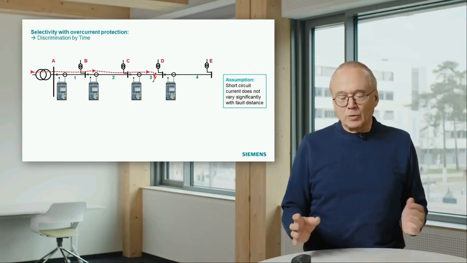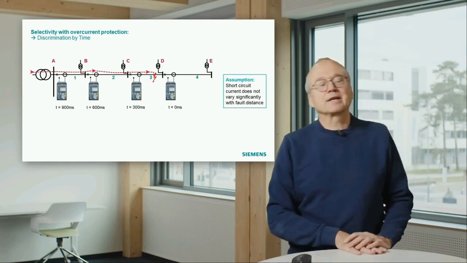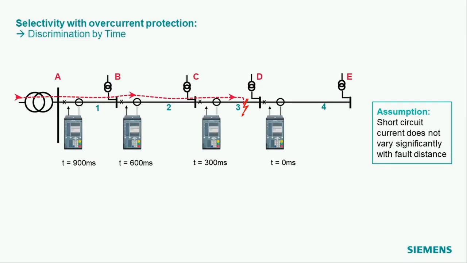So how can we get the selectivity? And the simple solution in this case is we make different timer settings. That means the rightmost relay gets the lowest timer setting, in this case 0 milliseconds. In this example, I made these settings.